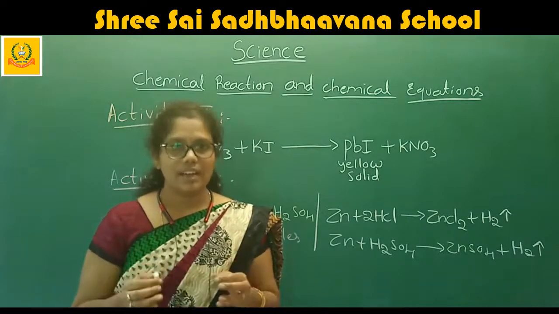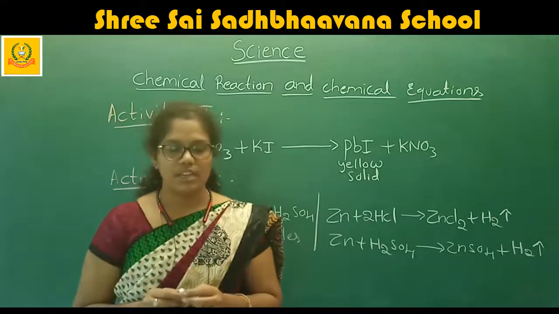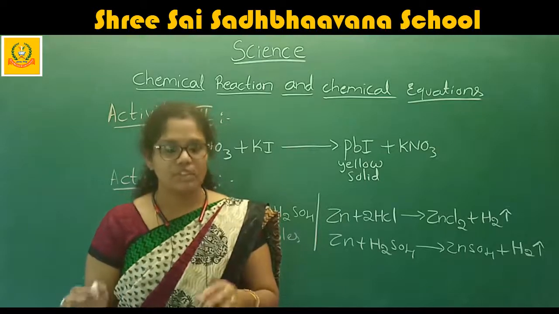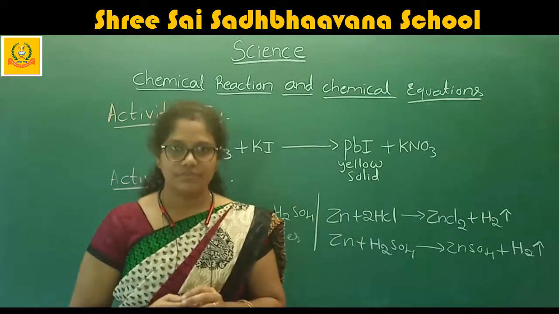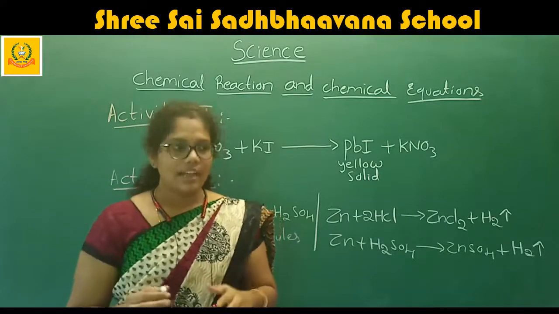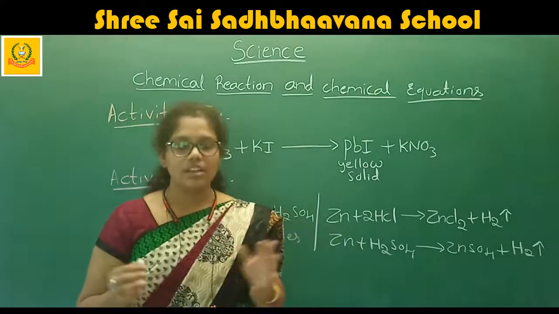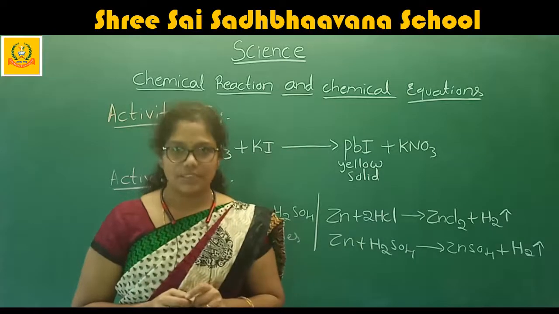That's why they are called citrus fruits. Due to the presence of citric acid in that fruit, it is known as a citrus fruit. And these are some of the characteristics of the chemical reaction.